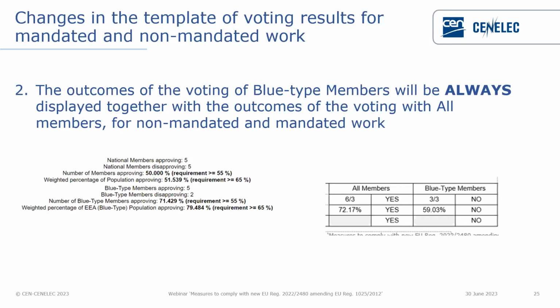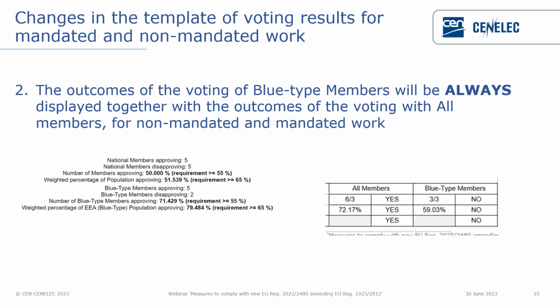So if there is this mistake, the approval criteria will be those of non-mandated work, which means that the blue type members counting does not take place unless the counting with all members fails.